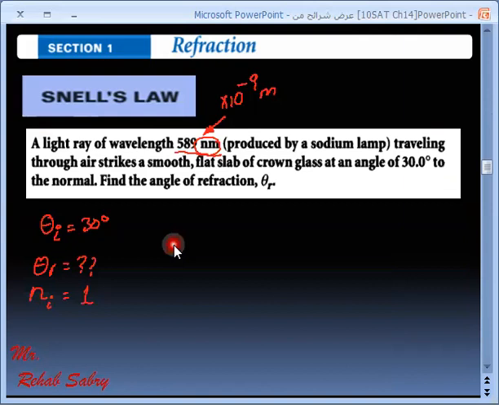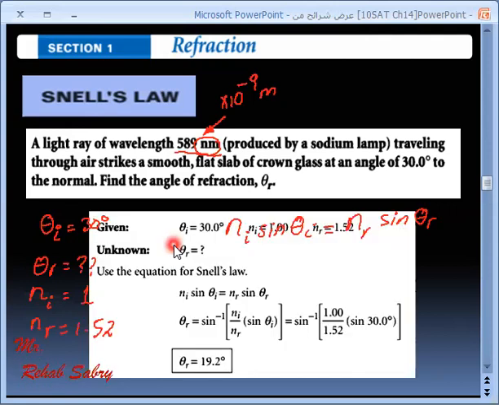So in homework, the givens of refractive index will be given. Then we will put the formula Ni sine theta I equals NR sine theta R. By substitution we will find the answer as shown.